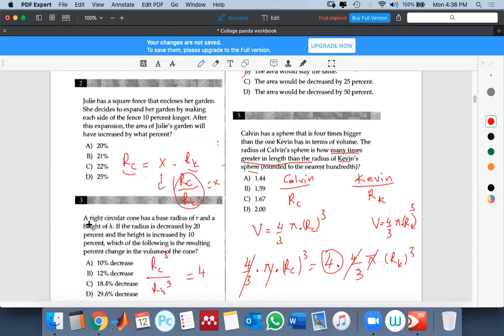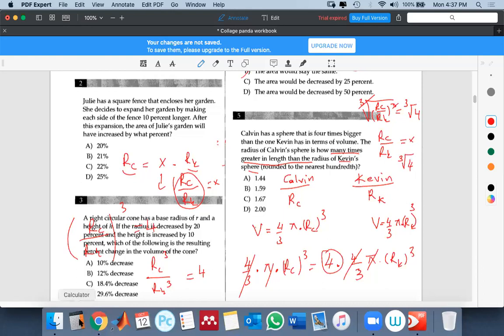It means that RC over RK to the power of 3 is equal to 4. So if I take the cubic root, the cubic root of RC over RK is equal to the cubic root of 4. So RC over RK, which is X, which I am looking for, is equal to the cube root of 4.